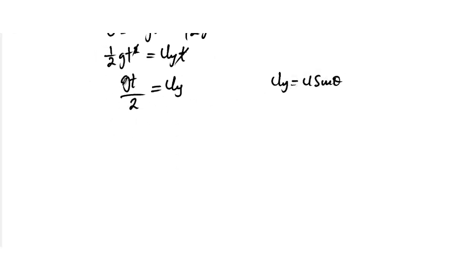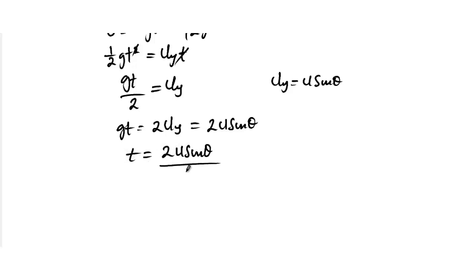If we cross multiply, we have g t equals 2 u_y, which is the same thing as 2u sine theta. So t will be equal to 2u sine theta over g, when we divide through by the coefficient of t, which is g.